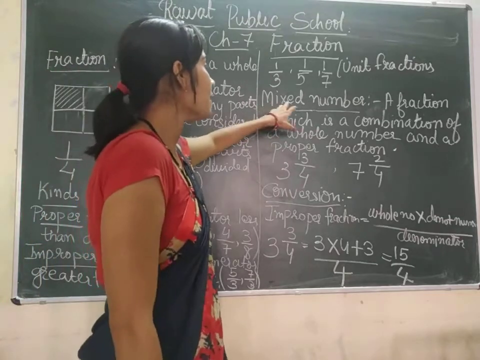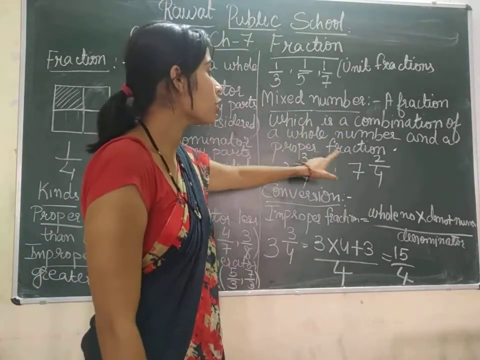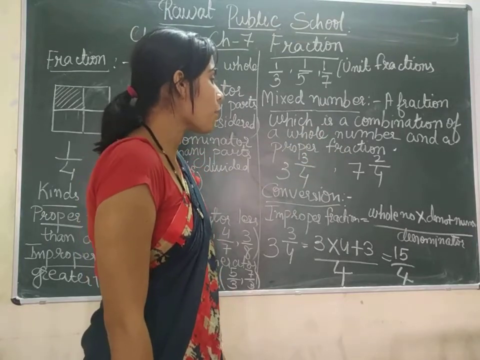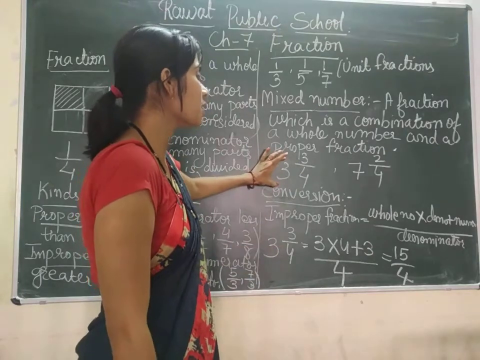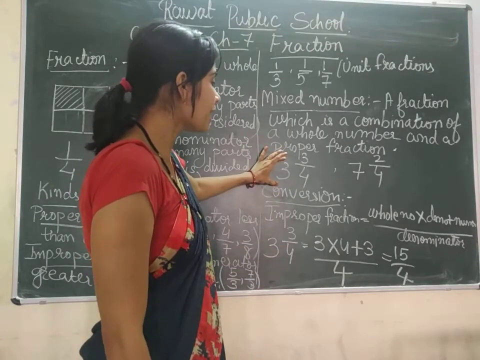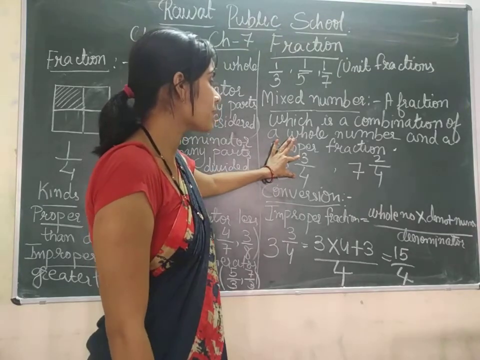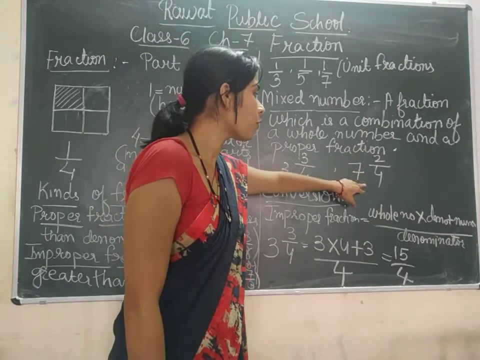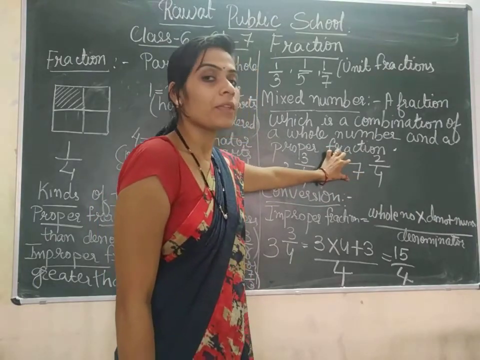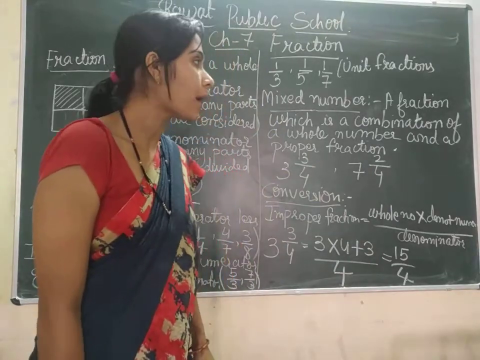Then we have mixed numbers also. A mixed number is a combination of a whole number and a proper fraction. For example, 3 3/4. Here this 3 is what? Here this 3 is the whole number and 3/4 is the proper fraction part. Here 7 2/4, 7 is the whole number and 2/4 is the proper fraction part.